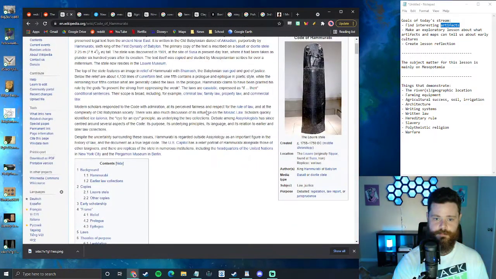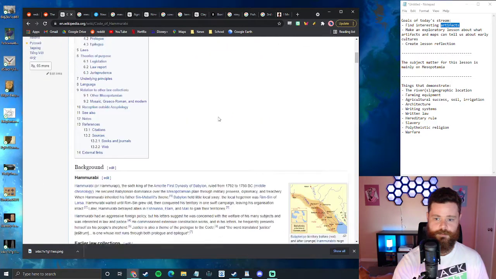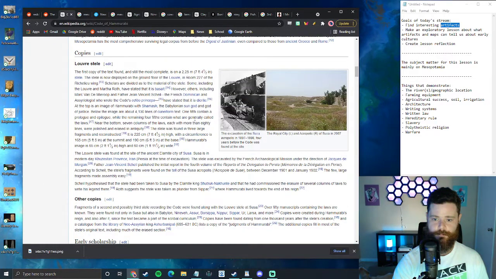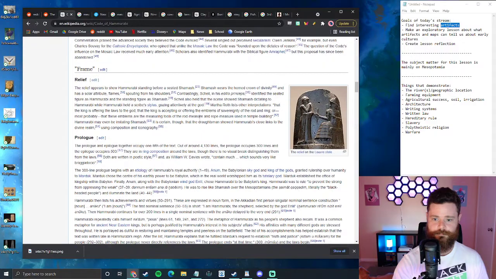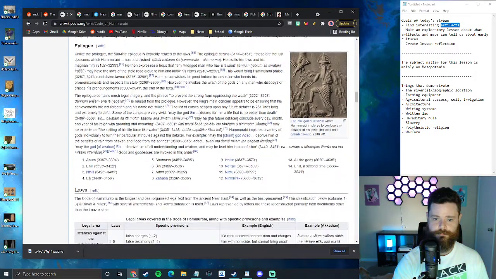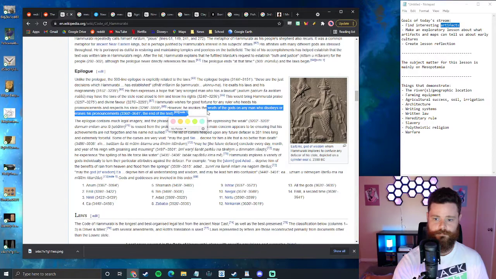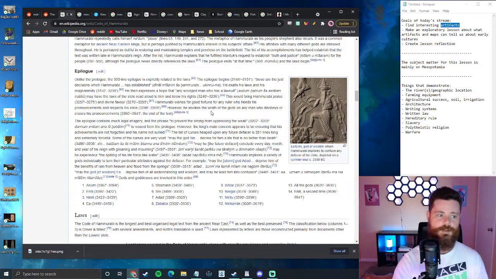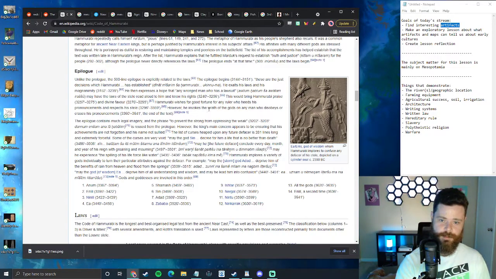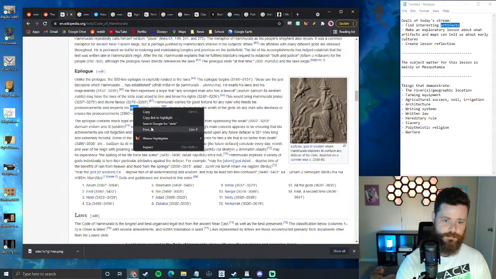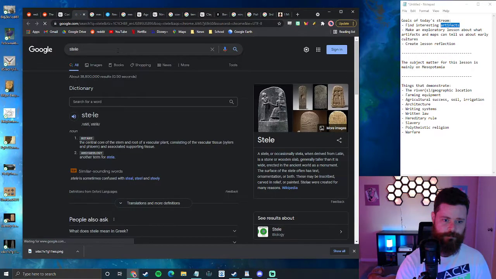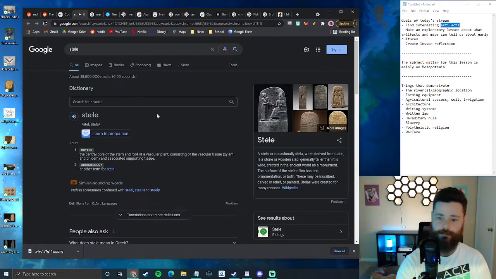Okay, let's see if there's anything else that we can get to. This was a good one. I remember reading something about this in the epilogue. There's something like if you deface these laws, or if you deface the stele. Stele? Okay, cool.